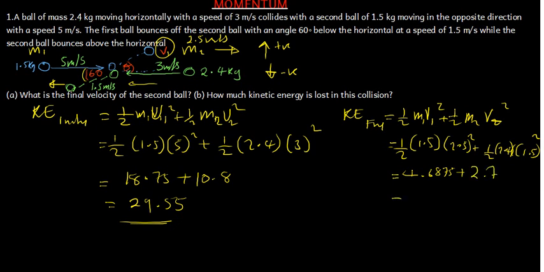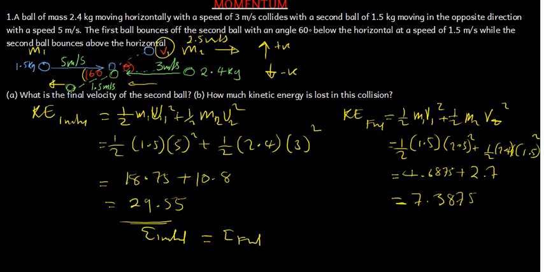So if we add those two values, 4.6875 plus 2.7, that is giving us 7.3875. Now, according to conservation of energy, not really kinetic energy but energy, initial should be equal to energy final.